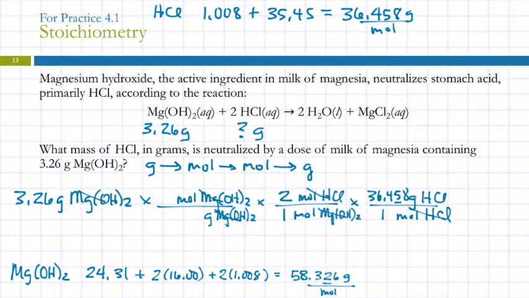So moles of magnesium hydroxide are on top. That's where the 1 goes, and the number goes with the grams. Okay. 3.26 divided by 58.326 times 2 times 36.458 equals 4.075.